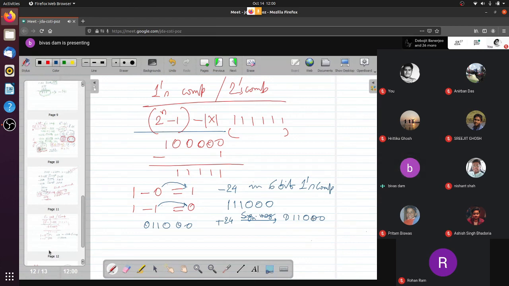However, if the number is negative, take bit-by-bit complementation of the sign magnitude representation to arrive at the ones complement of the number.